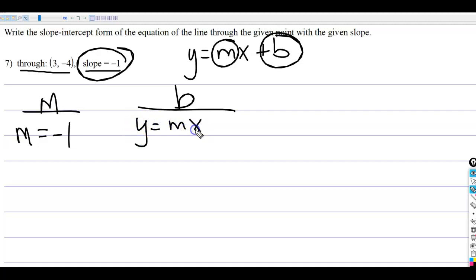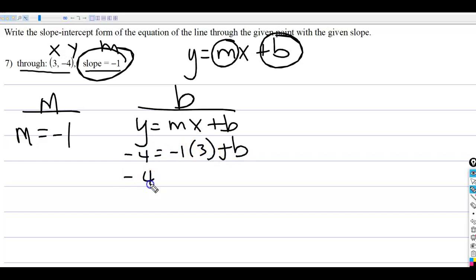So we're going to take this little formula and plug in everything we know and solve for b. The 3 is an x, the negative 4 is a y, and the slope is a negative 1. So I'm going to plug those numbers in for each one of those letters. And now I can solve for b.